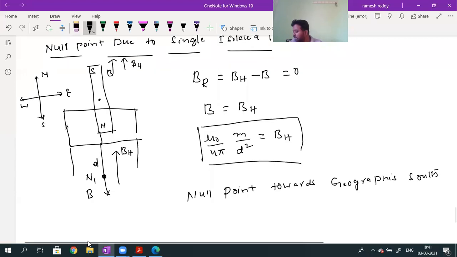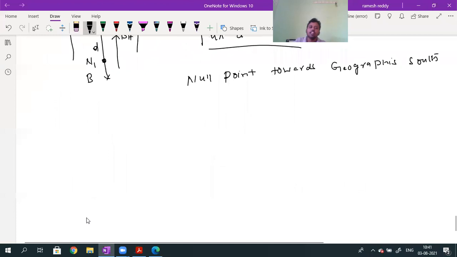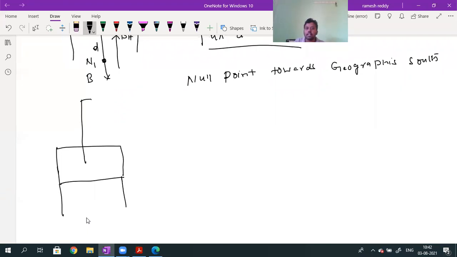Similarly, where will you get the null point if I consider the south pole placed on the table? Last time, which pole did I keep on the table? The north pole. Now I consider a long bar magnet with the north pole and south pole. Now the south pole is placed on the table. Whenever the south pole is placed on the table, where will we get the null point?